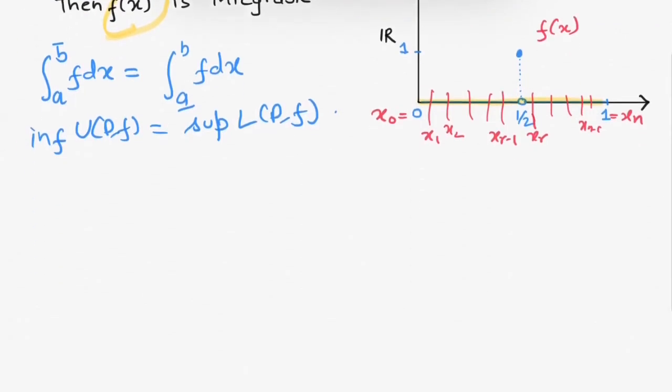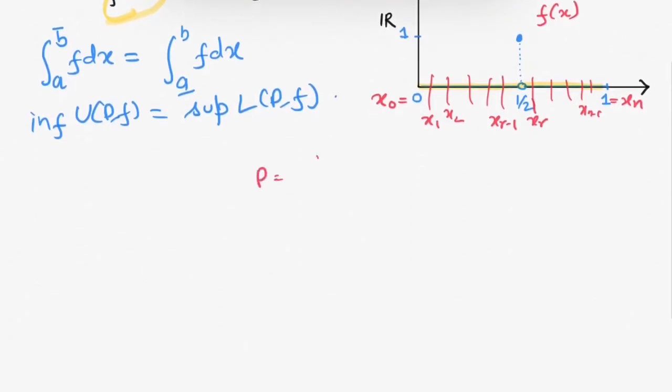So partition P will be x0, x1, x2, ..., x_{r-1}, x_r, ..., x_n, and x_n is 1. Here there is something special which should be noted. This point 1/2 belongs to the rth subinterval. This is a very crucial part of this question, so keep it inside your mind.